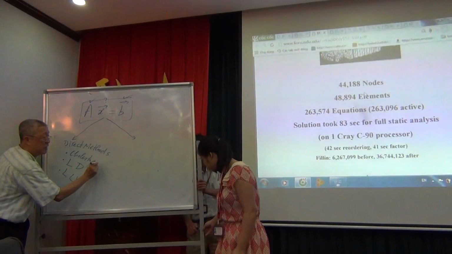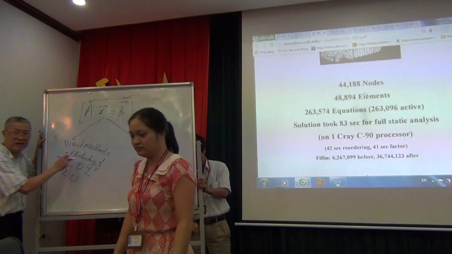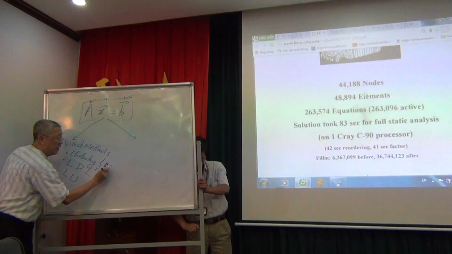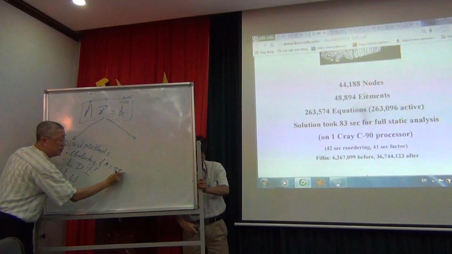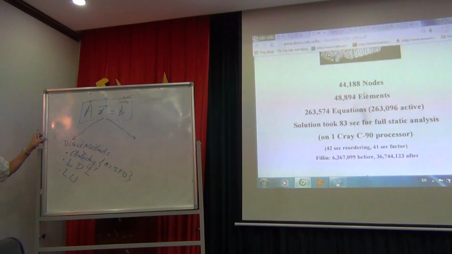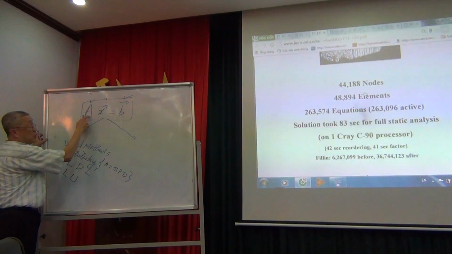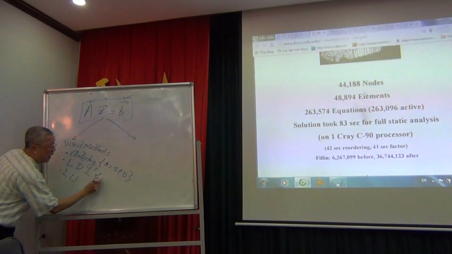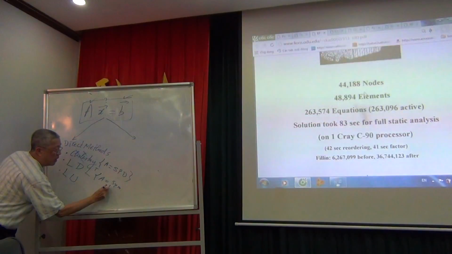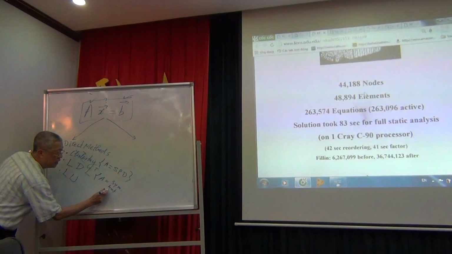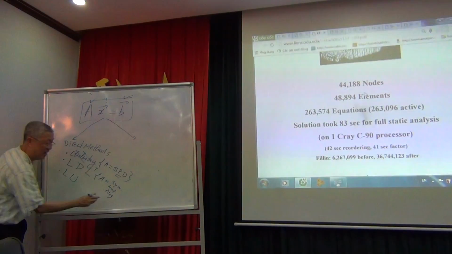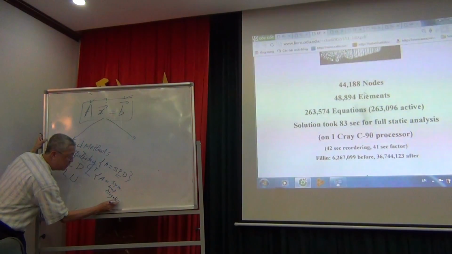Now, what is the Cholesky method? What is the requirement? A has to be symmetric, positive definite. You agree? And this one I already explained to you. Suppose you have a system of equations where A is symmetric, but let's say negative definite, not positive.